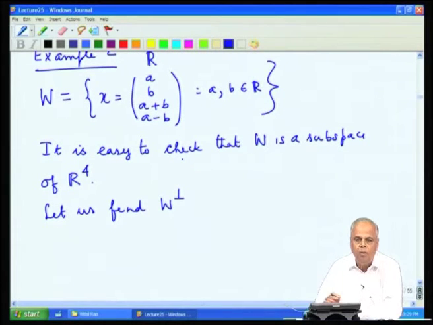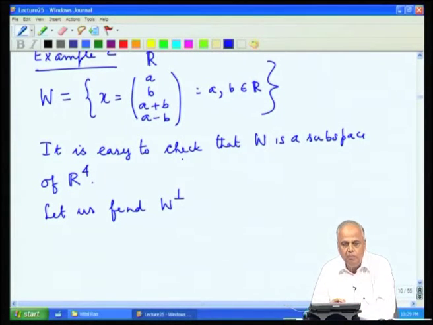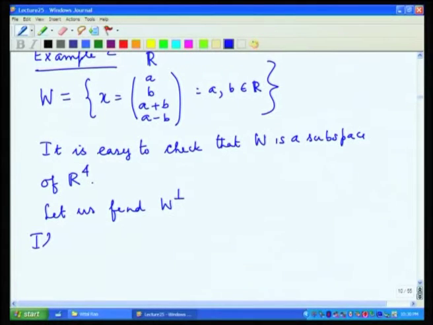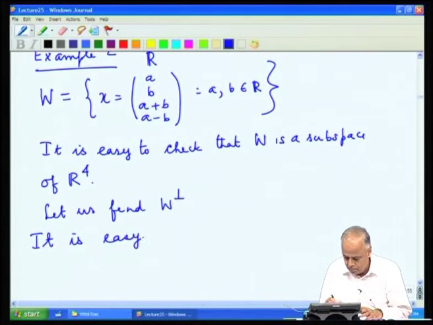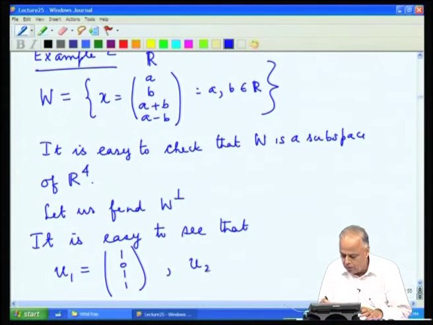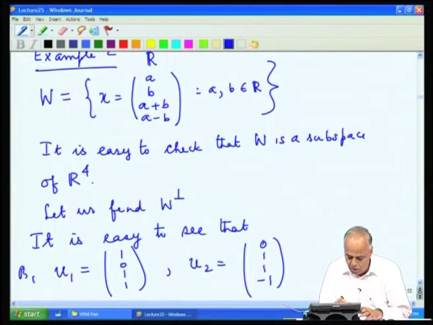Now, as before, in order to find the orthogonal complement, we first find a basis for W and then look at all those vectors which are orthogonal to each one of these basis vectors. So, let us find a basis for W. From the structure it is easy to see that if I take a equal to 1 and b equal to 0, I get the vector u1 = (1, 0, 1, 1), and if I take a equal to 0 and b equal to 1, I get the vector u2 = (0, 1, 1, -1).